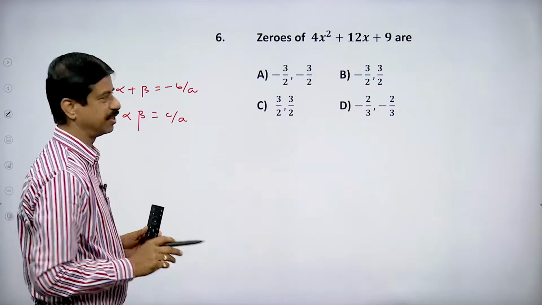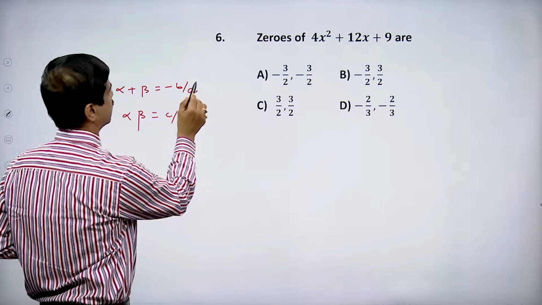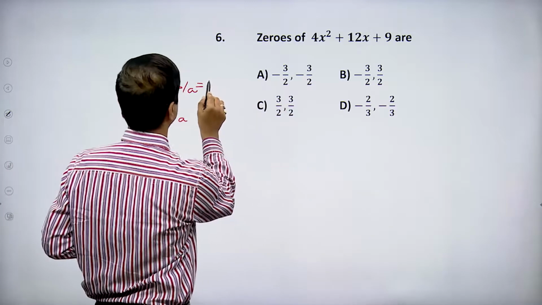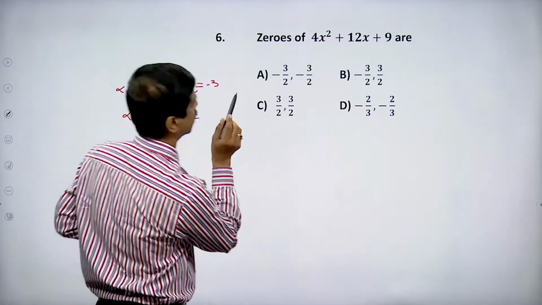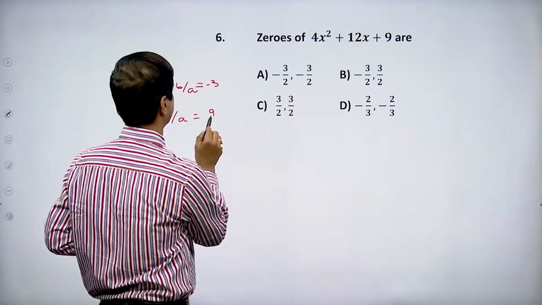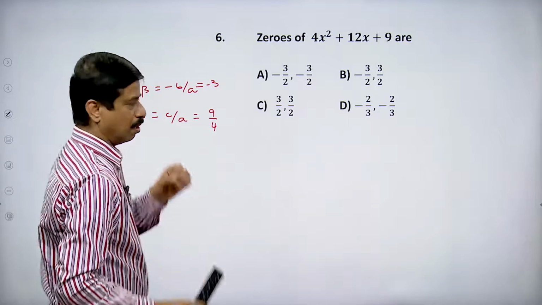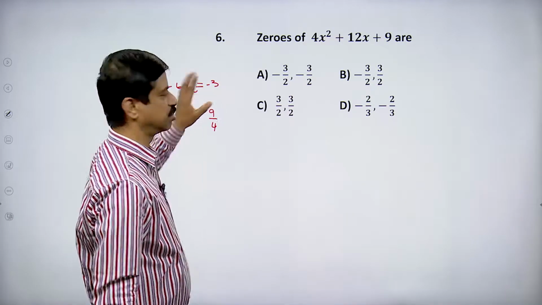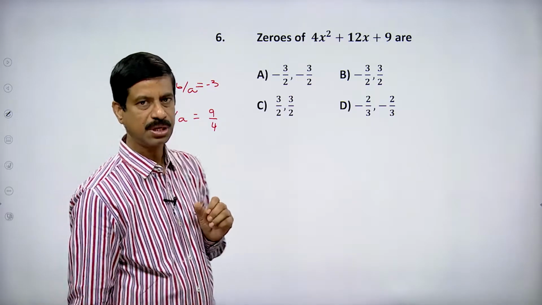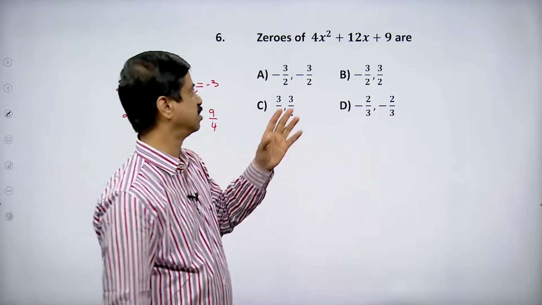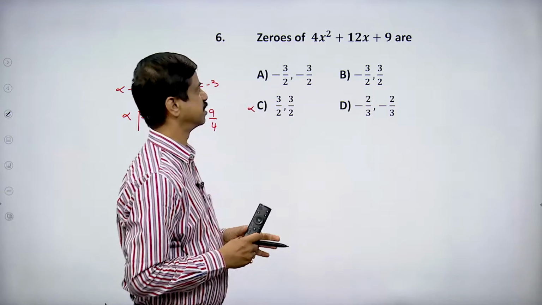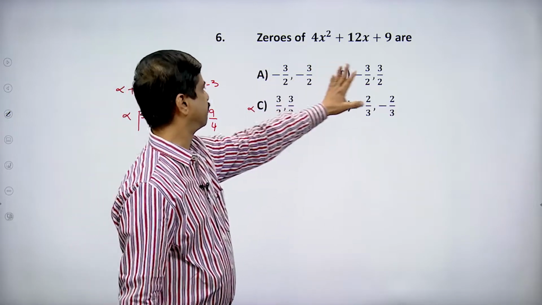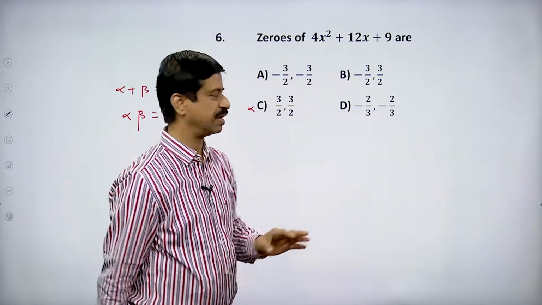This is the logic we need to find out. What is minus b by a? Minus 12 by 4 is minus 3, and c by a is 9 by 4. See, sum of roots should be negative. Sum of roots should be negative means both positive options are eliminated. This is gone. So now we have 3 more options to verify.